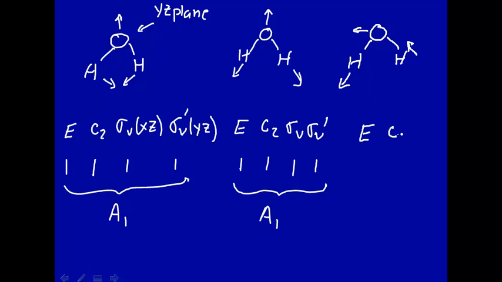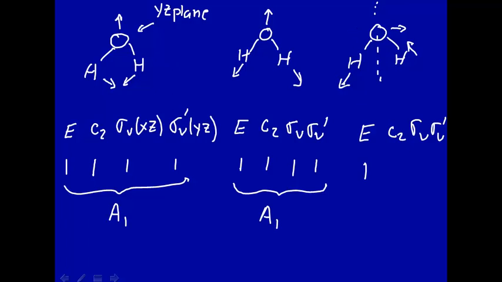So we have E, C2, sigma V, sigma V prime. E is going to be 1. Now, here's the rotation axis here. If we rotate 180 degrees about this axis through the oxygen atom, actually, yeah, I think that was right. This has to go this way, sorry, to maintain the center of mass unchanged. So if we rotate about this rotation axis 180 degrees, that vector is now going to be pointing in the opposite direction.